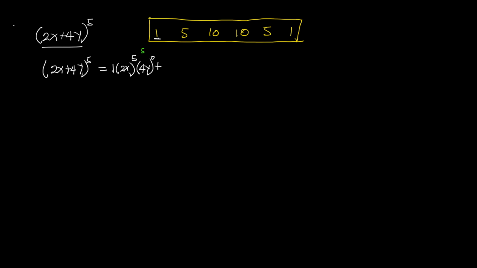Plus, the next item is 5. That is from here. We multiply it by 2x raised to the power, this time it is 4, times 4y, and that will be raised to the power 1. Plus, we take the next coefficient, which is here, 10 times 2x, and this time it is raised to the power 3. We multiply it by 4y raised to the power 2.